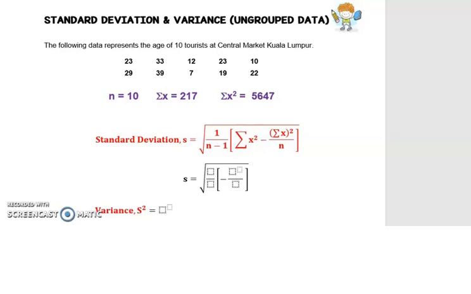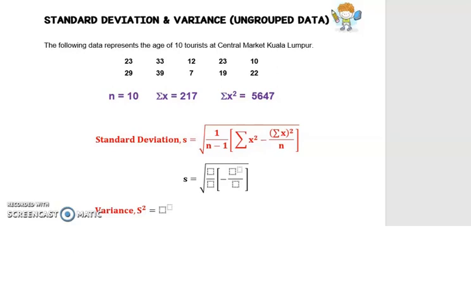Now let's look at the formula of standard deviation, which equals the square root of 1 over n minus 1 multiplied by the summation of x squared minus the summation of x, squared, divided by n. So n is the number of data. x squared means you square each single data value, for example 23 squared plus 33 squared and so forth.